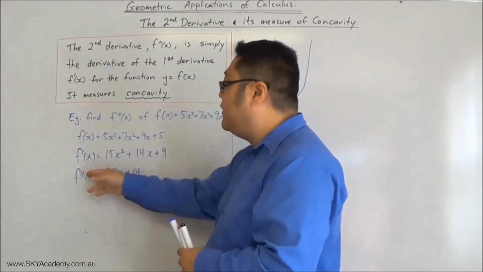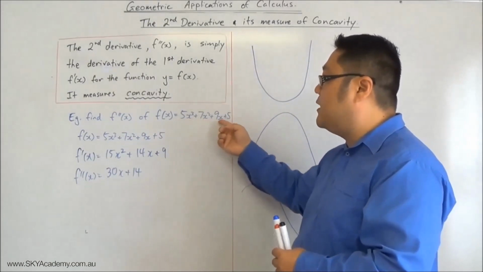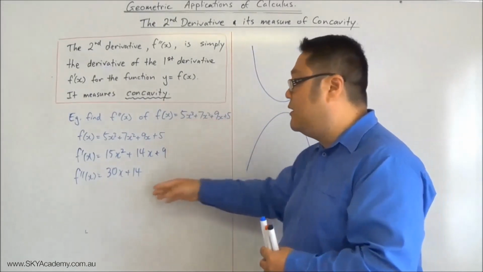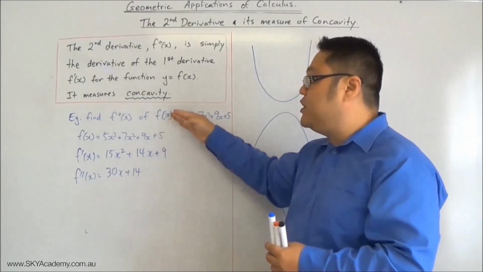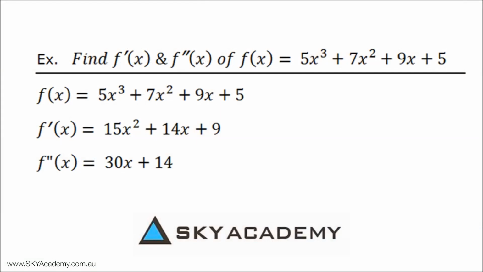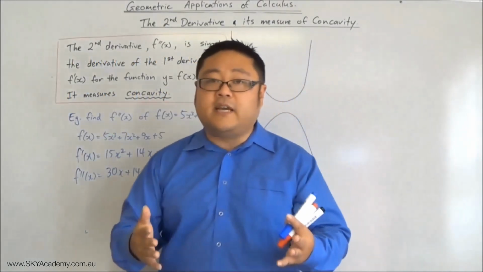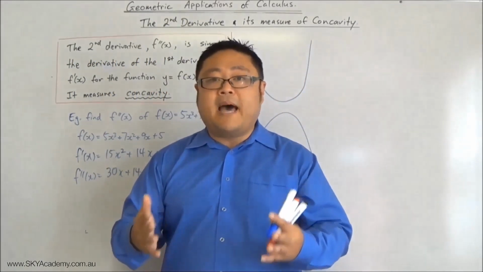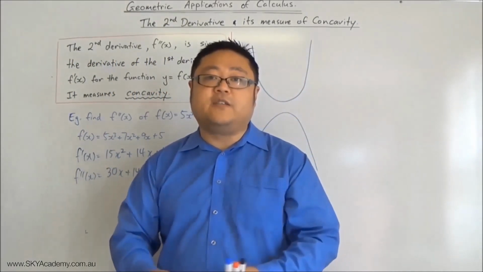So your second derivative of this function is 30x plus 14. We got that by differentiating once and then twice. Simply finding the second derivative is a matter of differentiating twice.